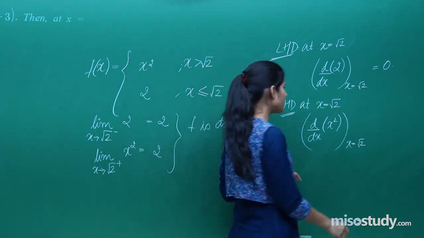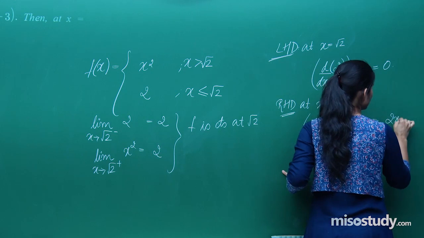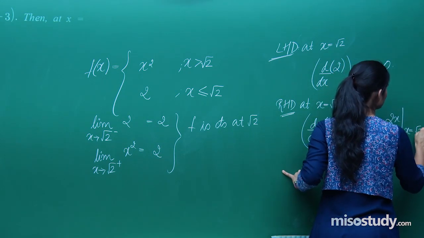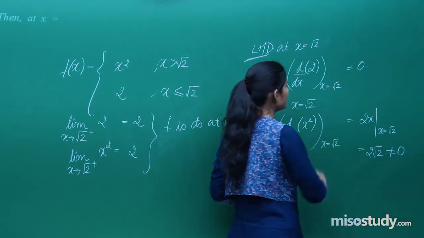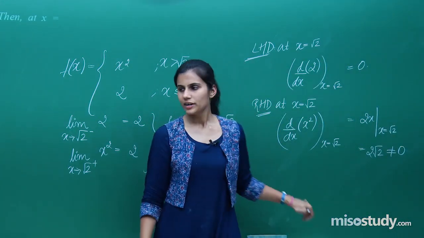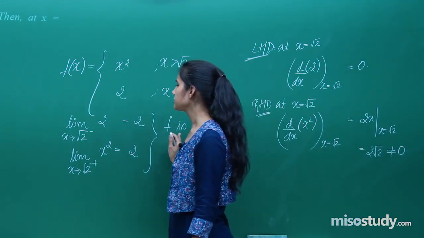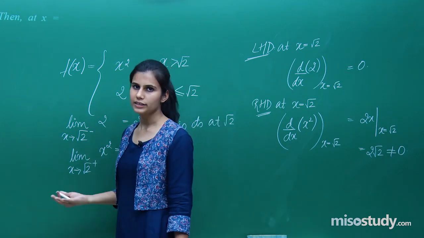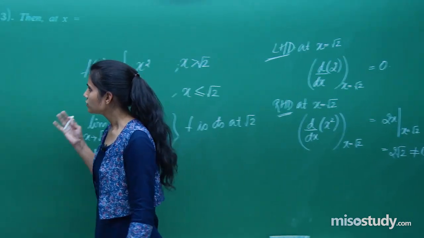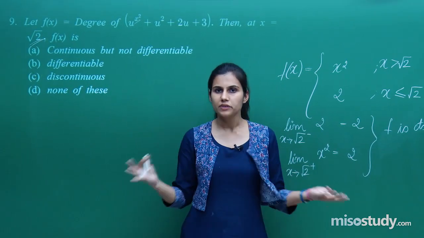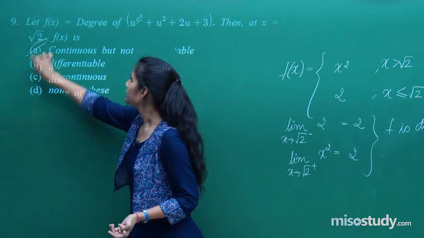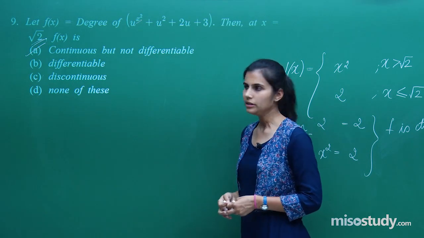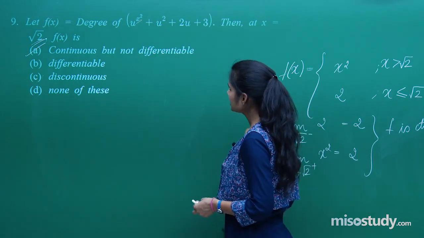D by dx of x square is 2x. 2x at x equals root 2 gives you 2 root 2, which is clearly not equal to the left hand derivative, that is 0. So the function is continuous at x equals root 2 but not differentiable at x equals root 2. So this function basically is continuous at every real number but not differentiable at every real number. So it is continuous but it is not differentiable. Clear? Next, let's see what we have.